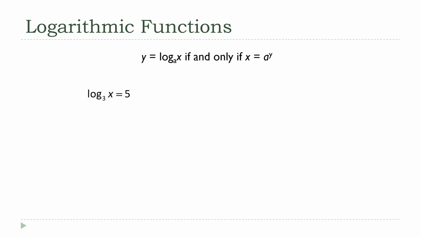So it's going to be 3 to a power. And the other two parts switch sides. So the 5 is going to come over to the left side and become the exponent. The x is just going to go over to the other side, and it's still going to be an x. Okay, but 3 to the 5th, that's a number, right? 3 to the 5th power is 243. So there's my answer, x equals 243.